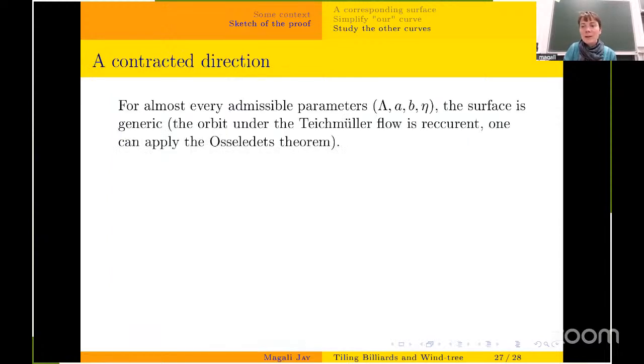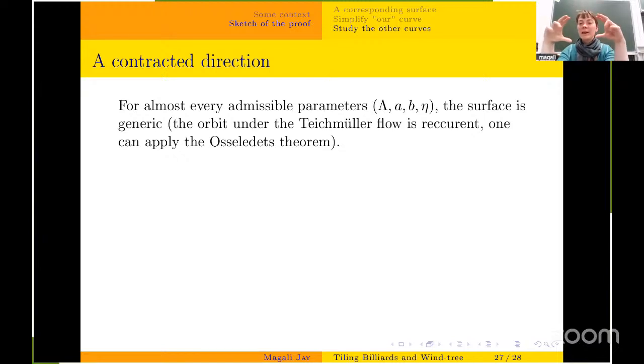But the nice thing is that if I have an open set of surfaces I care about, I can thicken it in the stable direction, which means that in each string I put in the other direction of my open set, all surfaces will be either all generic or all non-generic.